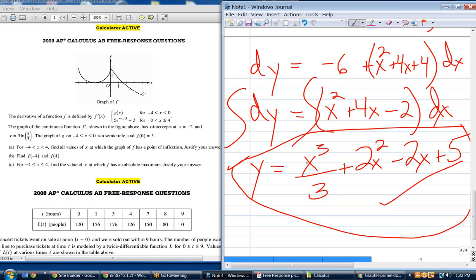Solve for the c. No, I don't have to solve for the c, because the f of 0 equals 5 applies only to the g of x.